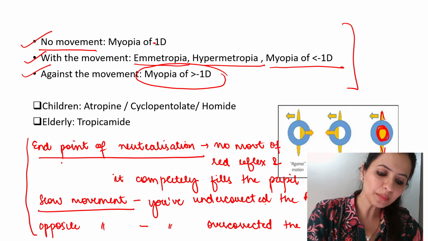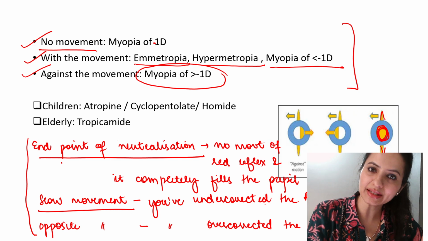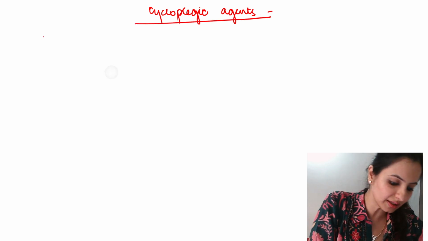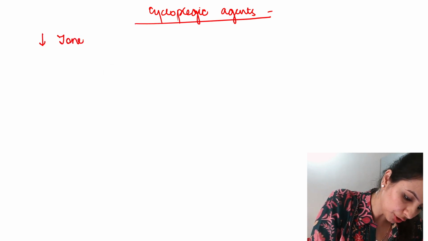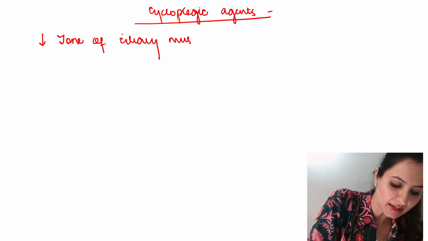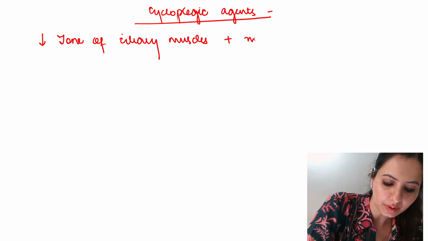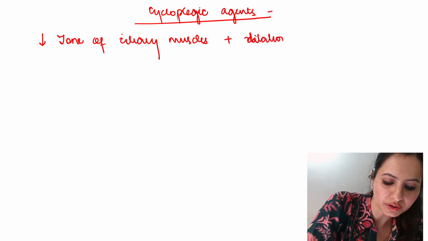Then one very important thing to note here is the concept of cycloplegic agents. Now, what are cycloplegic agents? They are the agents that decrease the tone of ciliary muscles, and along with that, they lead to dilation of the pupil.